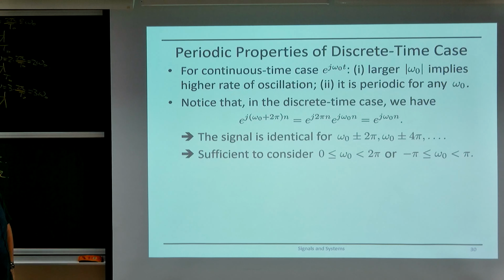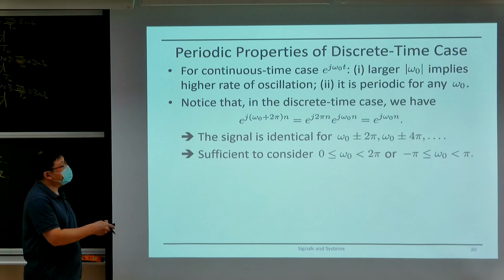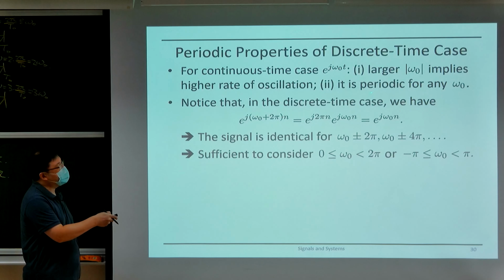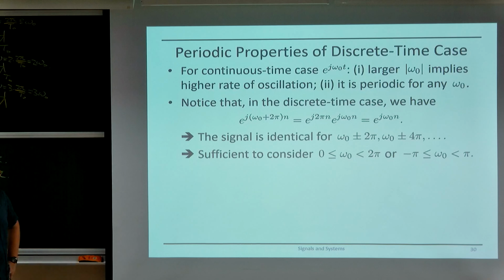If omega naught is larger, your sinusoid will oscillate faster. If omega naught is smaller, it will oscillate much slower. We also know that this signal is periodic for any omega naught. These are properties of the continuous time case.